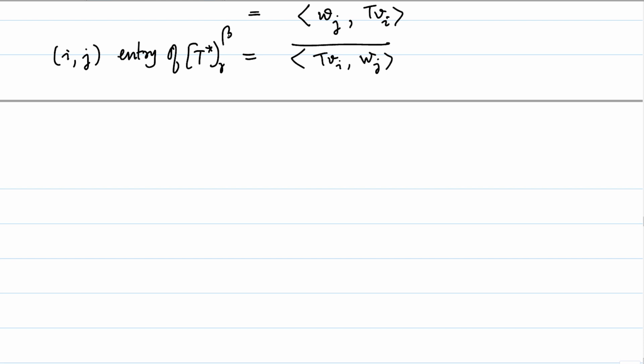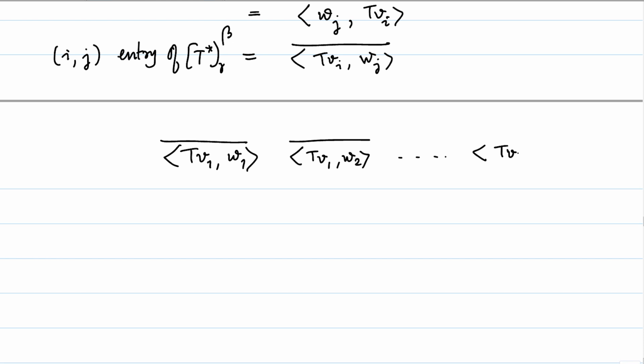Let's see the first row, for example, when i is equal to 1. This is just going to be the conjugate of the inner product of Tv1 with w1, the conjugate of Tv1 with w2, and so on up to the conjugate of Tv1 with wm.